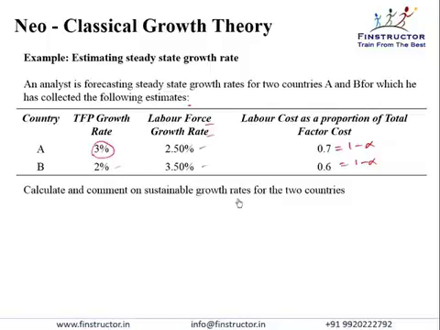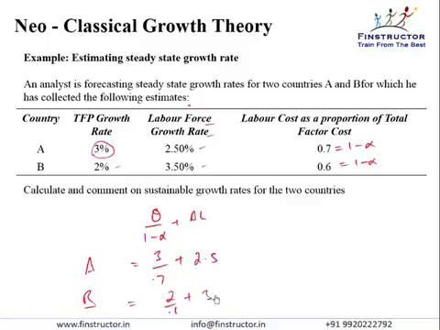The sustainable growth rate according to the neoclassical growth theory comes out to be theta upon 1 minus alpha plus the growth in labor. Theta, that is the growth in technology, is 3% divided by 0.7 plus 2.5, that's for country A. Similarly for country B, it will be 2 upon 0.6 plus 3.5.